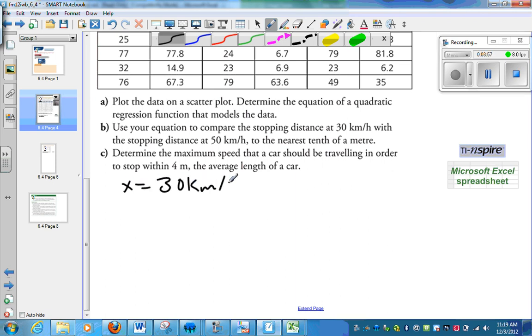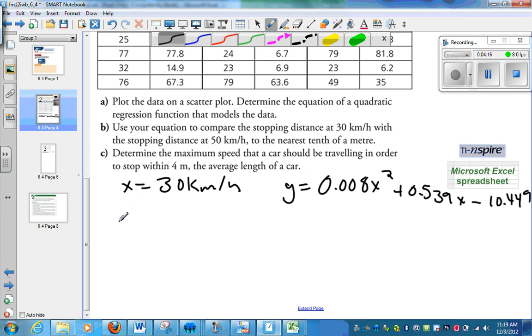Remember, my equation was y equals 0.0083x squared plus 0.0539x minus 10.449. I'm subbing in everywhere where I see x, I am putting in 30.